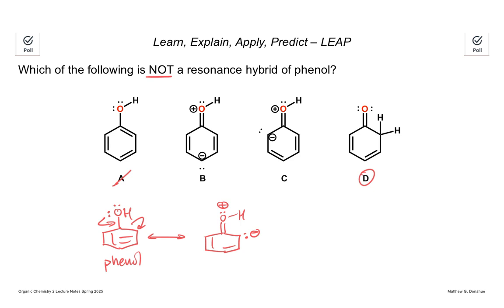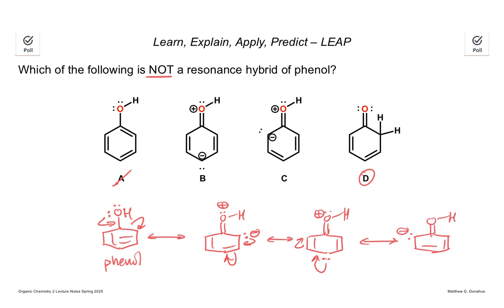That electron pair is pushed into the ring, and the ring now is more electron rich. So those would be the resonance hybrids for phenol.